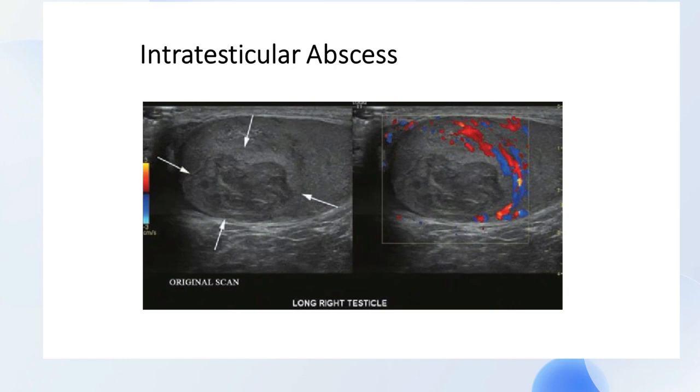At the same time, you can see peripheral vascularity. The abscess itself doesn't have color flow because it represents infected tissue or tissue that is undergoing necrosis. So that's the sonographic appearance of an abscess. It's organized like this. It can liquefy. That's what an abscess appears like.